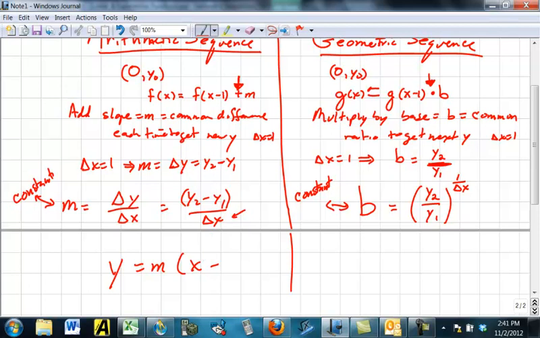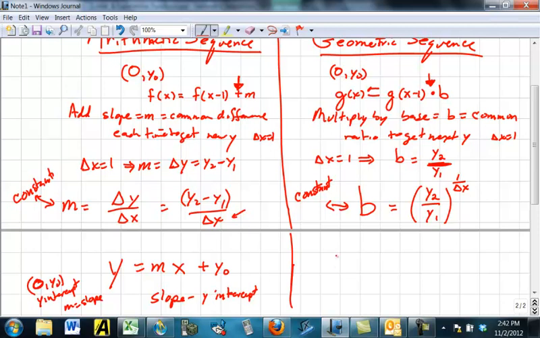Let me write it. There's several forms actually, but one form we had is y equals mx plus y sub 0. And again, m is the slope, and y0 is the y-intercept. So this is called slope-intercept, or to be more specific, a slope y-intercept form.